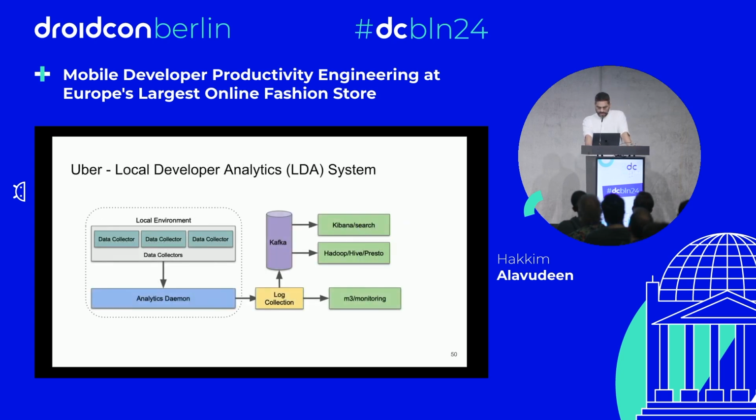Here again is an example from Uber, their LDA system. Their design works like this: they have data collectors which send data or logs through to a queue, which is then dispersed to a search and big data store.